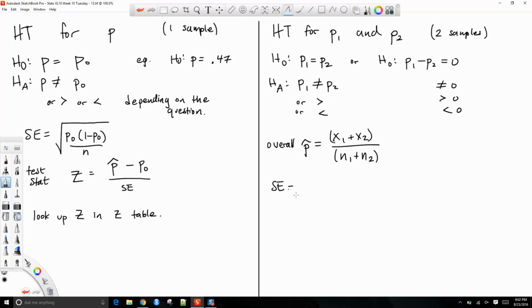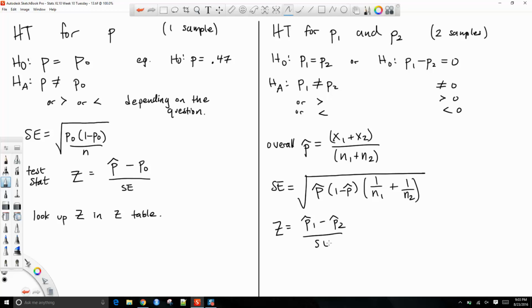Your standard error is the overall P hat times 1 minus P hat times 1 over n1 plus 1 over n2. Your test statistic z is going to be P hat 1 minus P hat 2 over the standard error.